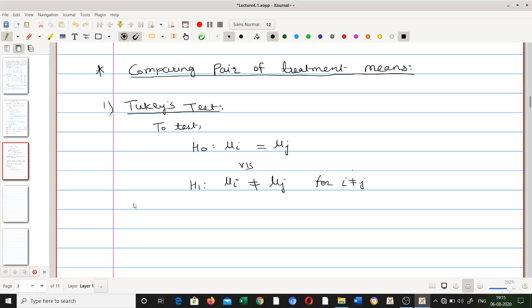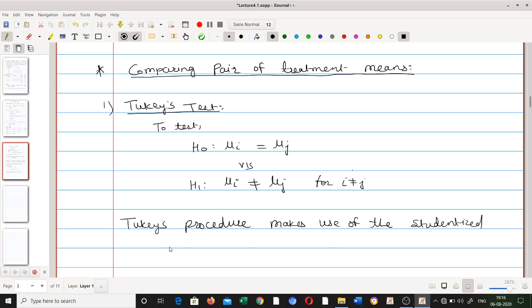To test this, Tukey's procedure makes use of the studentized range statistic.